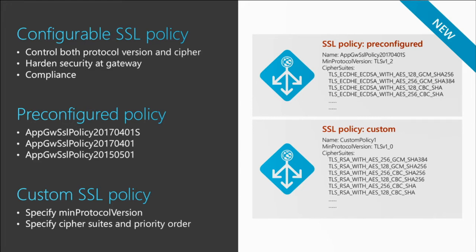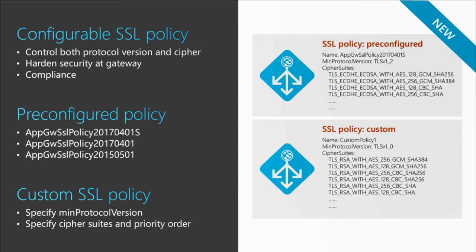This is available in two different choices. We have come up with 3 pre-configured SSL policies. We sat with our own security board and our own crypto team reviews, and came up with these 3 SSL policies that we strongly encourage customers to adopt, especially the 2017 policies. They are numbered by year and month.